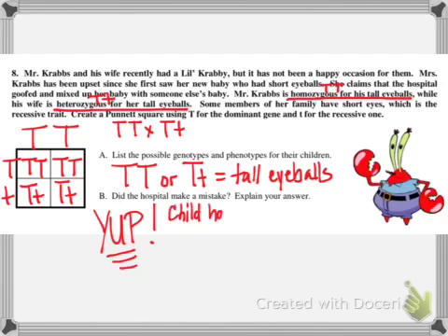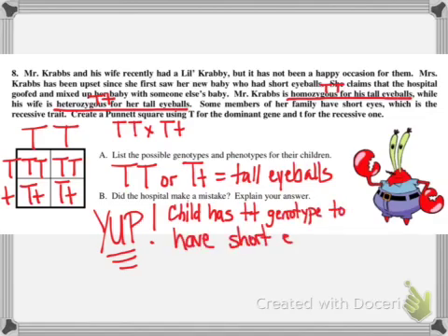Because the child has to have a genotype of 2 lowercase t's in order to have short eyeballs. And that's impossible with Mr. Krabs and his wife, because in order for that to happen, he would have to carry that lowercase t. But he doesn't, so they're in trouble.